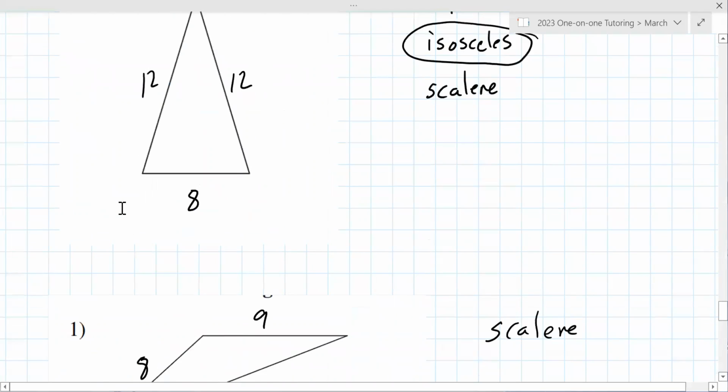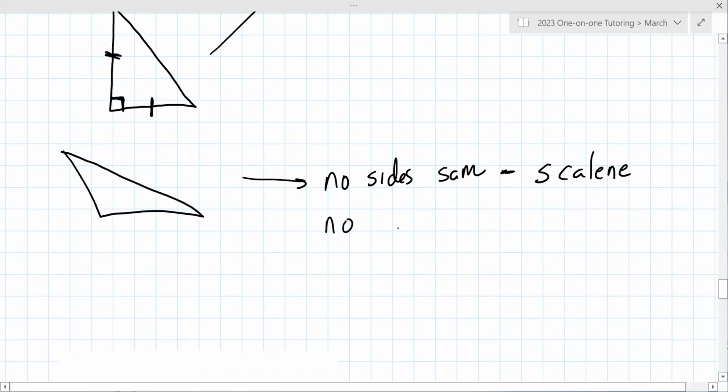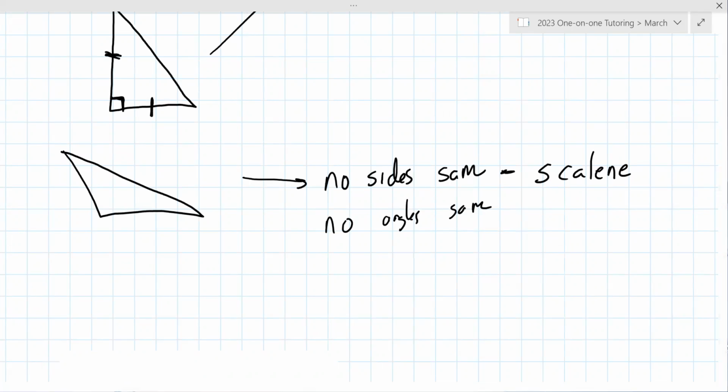So if we go back and modify our definition, no sides the same, no angles the same. Let me know when you get that down. We'll do a couple more problems before we close out.